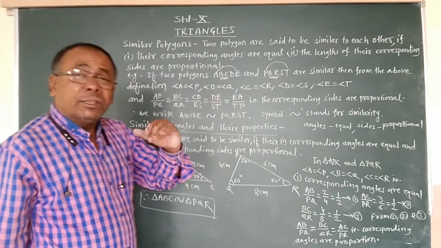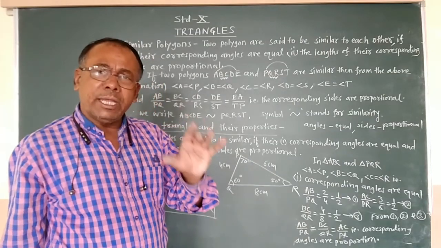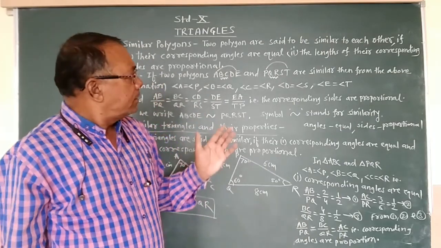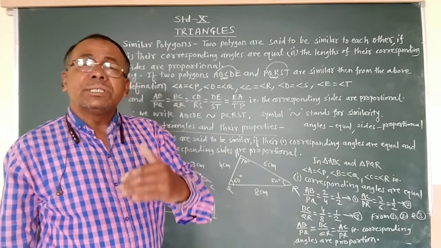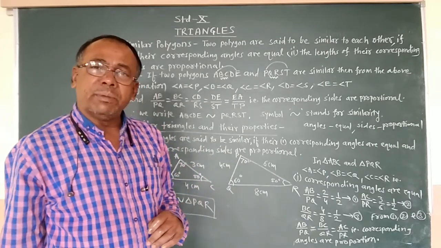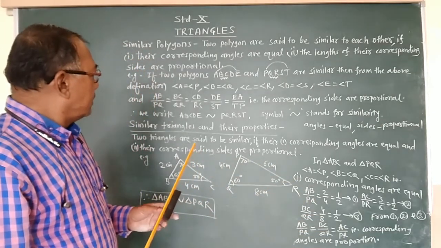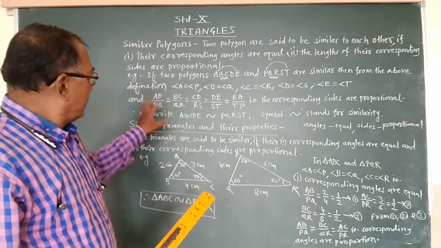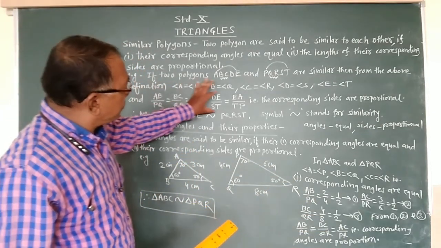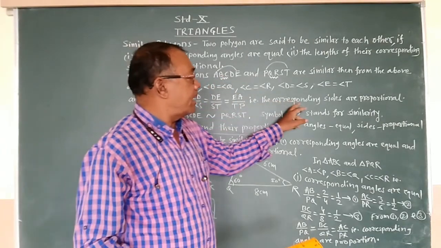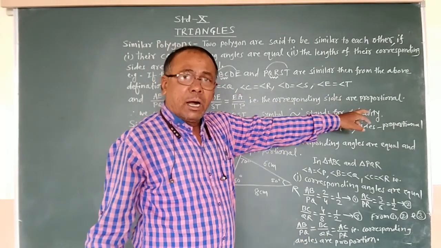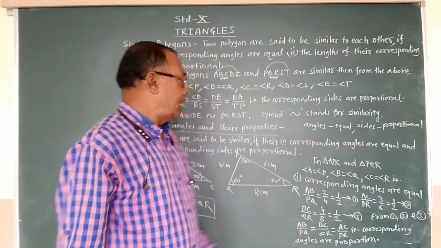Then and then the sides are said to be proportional. Understand? So this is the second condition for the similarity of the two polygons. If these ratios are equal, then we say that corresponding sides are proportional.